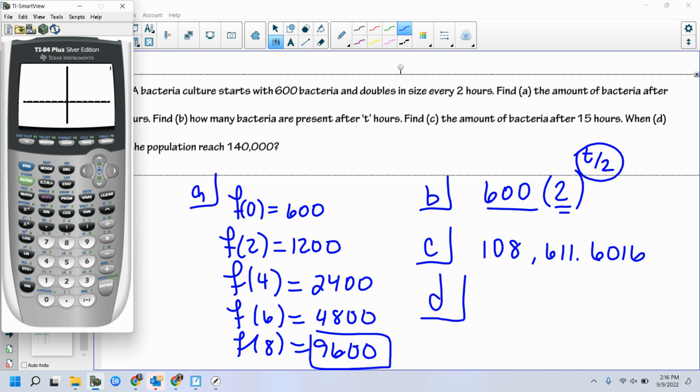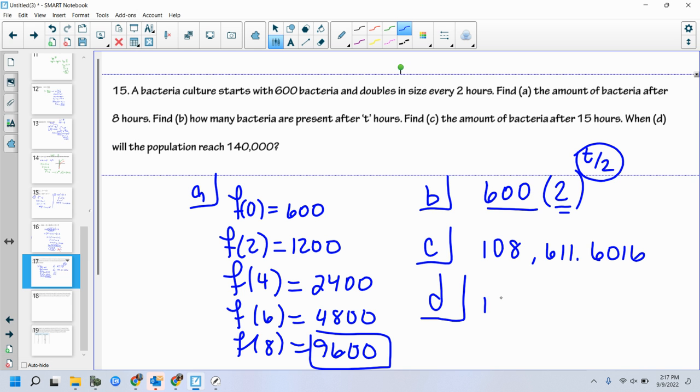Zoom 3, enter. There it is. There's my intersection. Second, calculate. Intersect is choice 5. And that's going to give me 15.73. 15.73 is my x value. So how long is it going to take? 15.73 hours.